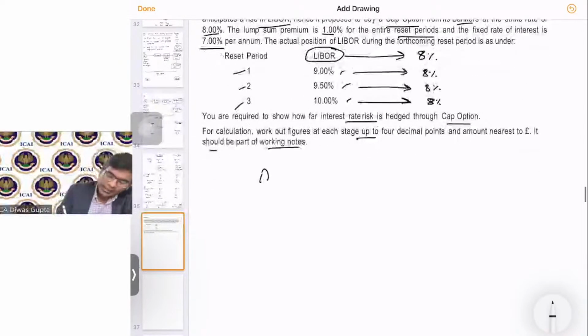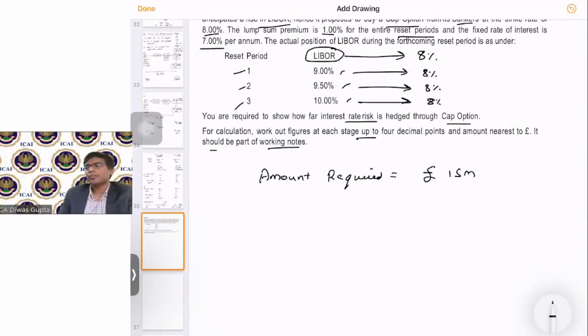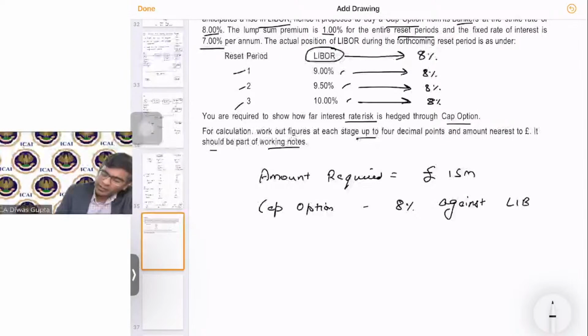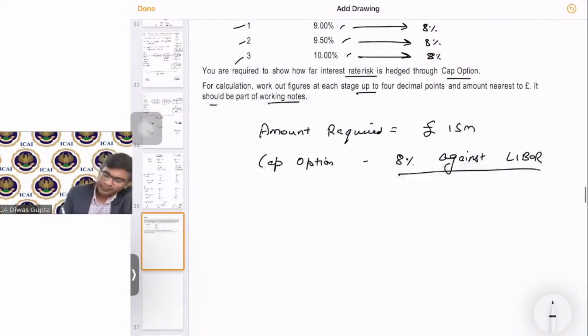So we can say that the amount required is equal to 15 million pounds. The cap option is actually 8% against LIBOR. So students, please note that it is specifically mentioned in the question that it's against the LIBOR, 8% will be the cap option.